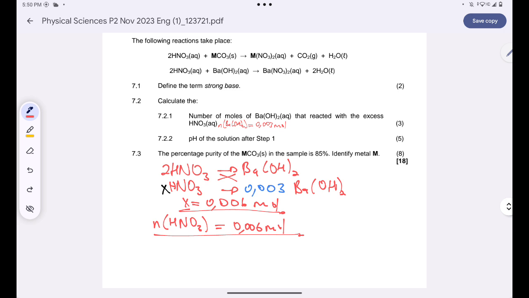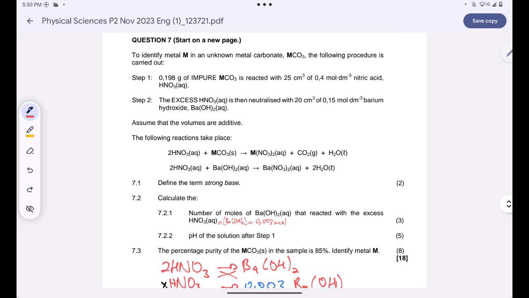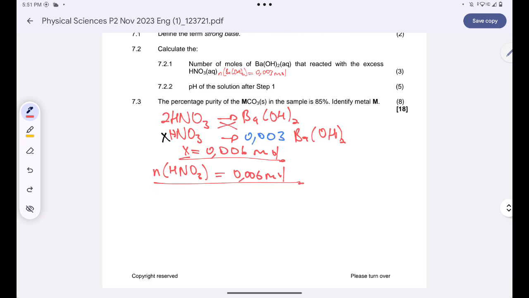I know the number of moles, and I know the volume, so I can simply find the concentration of the nitric acid in excess. How can I do that? The formula says C is equal to n over V. I know the number of moles, 0.006.